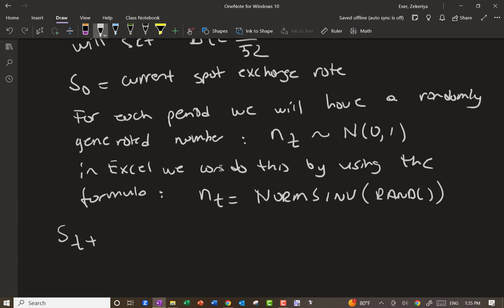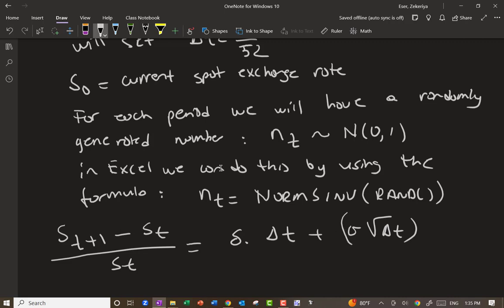Hence, S(t+1), or let's do it this way, S(t+1) minus S(t) divided by S(t), which is the percentage change, is going to be delta times change in time plus sigma times square root of change in time times NT.